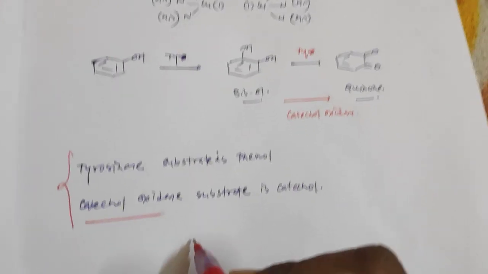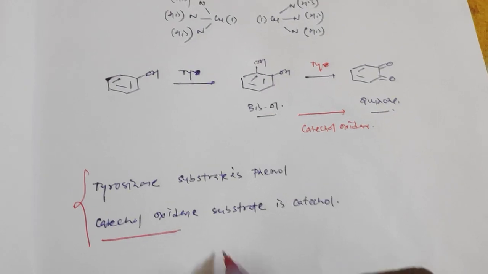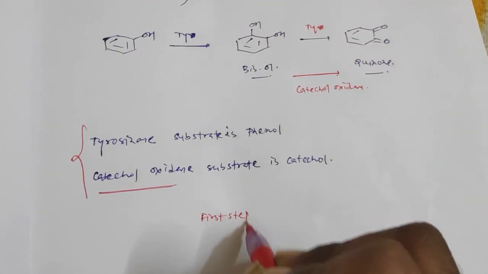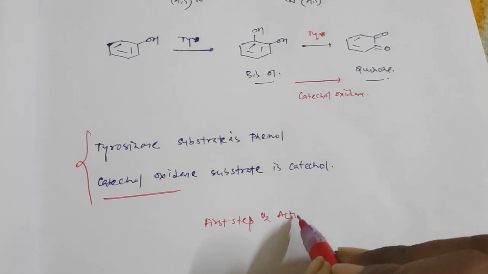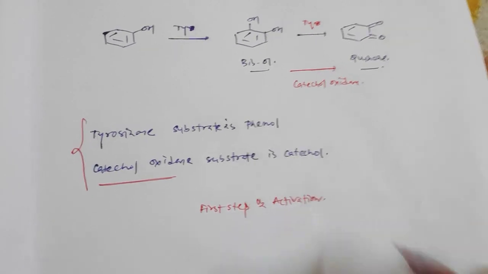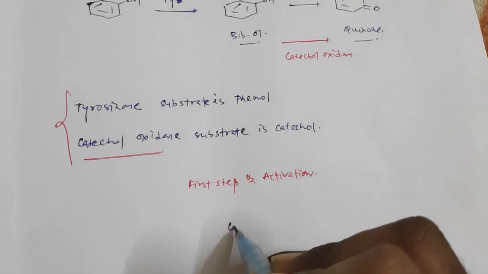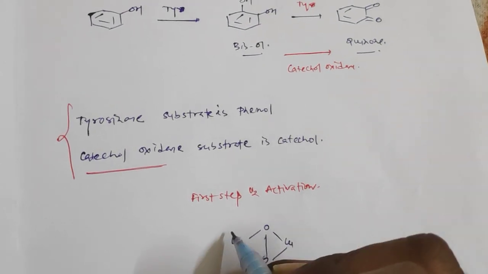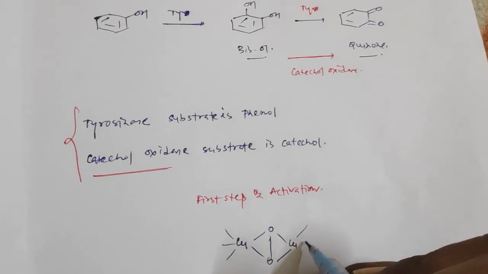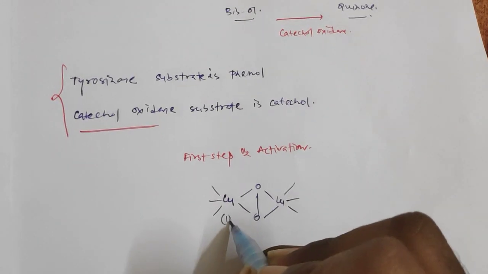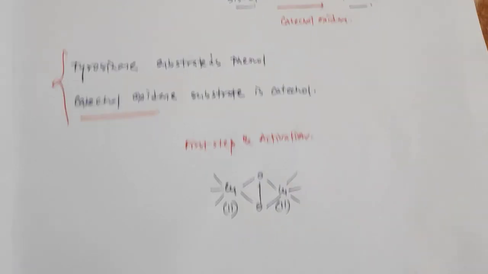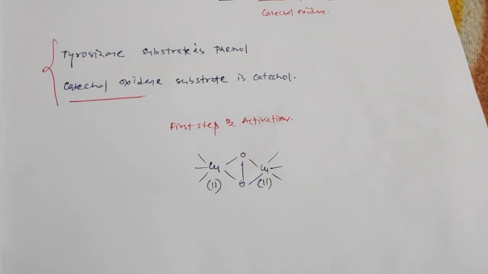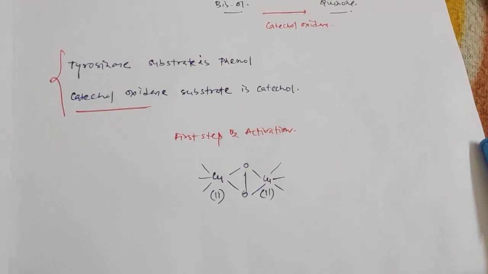In both enzymes, the first step is O2 activation, like hemocyanin. O2 is bridged between these copper centers like this, eta-2 bridging. So this gets oxidized, right? This is called the O2 activation. The first step for both of these enzymes is the O2 activation of the active center.